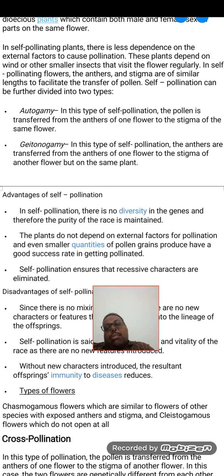The pollen transfer takes place within the flower, and that will reproduce. In chasmogamous flowers, since they are exposed, there is a possibility of cross pollination, and cross pollination commonly takes place. Once cross pollination takes place, it is very important, because the genes will mix together.